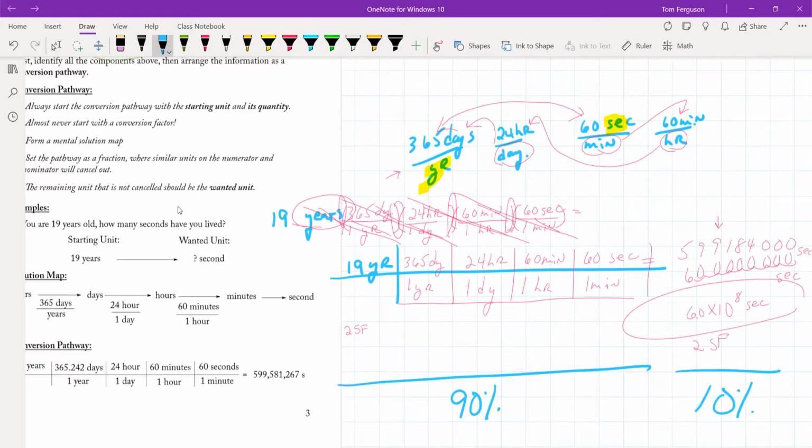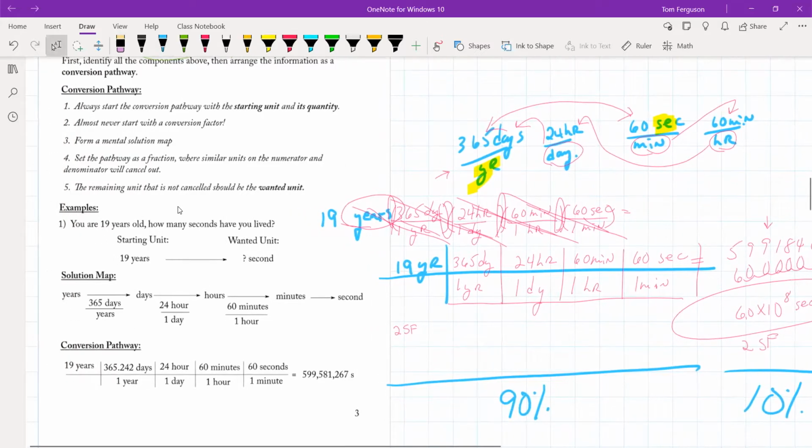That problem was worth 10 points. 9 points would be given to the setup, 1 point for the answer. By the way, 365 days in 1 year, not counting a leap year. If we counted in the leap years, we'd get a slightly different number.